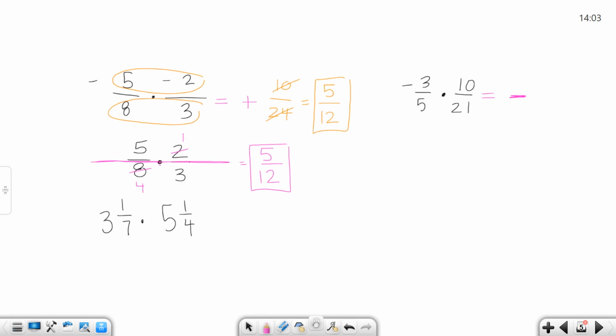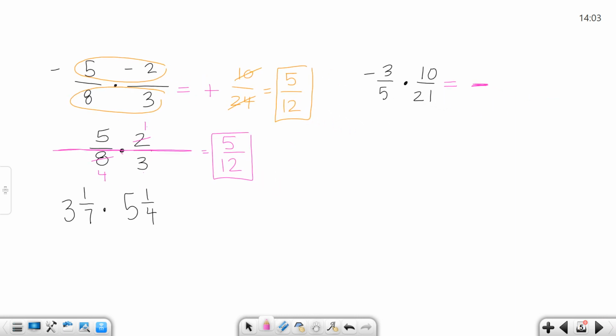Okay, so let's go to this one on the far side. Remember, I already took care of my signs. A negative times a positive gives me a negative result. I can multiply across the top and get 30, and I can multiply across the bottom and get 105.